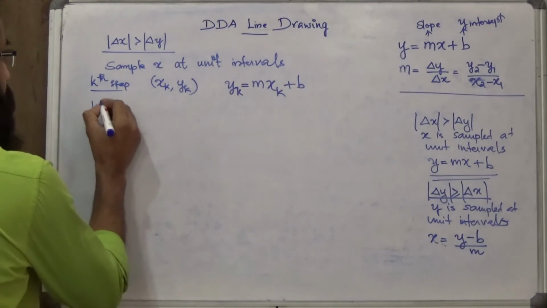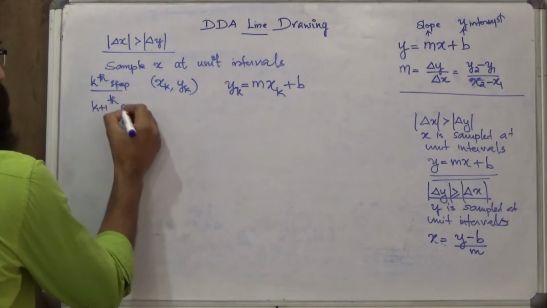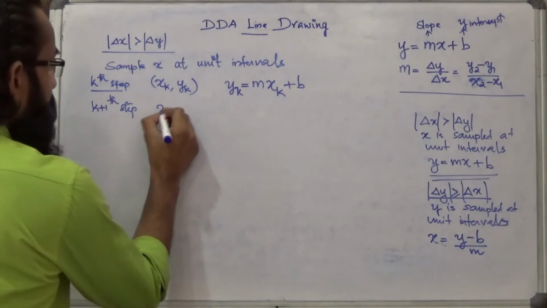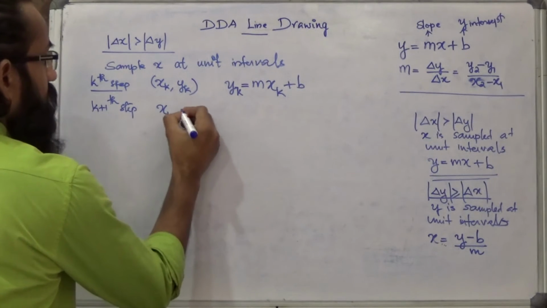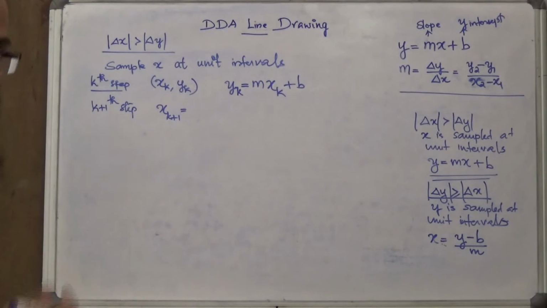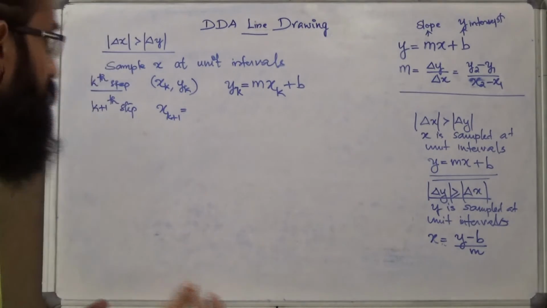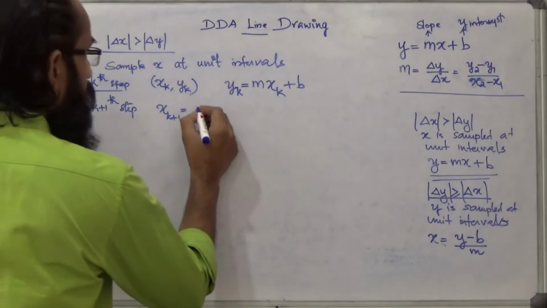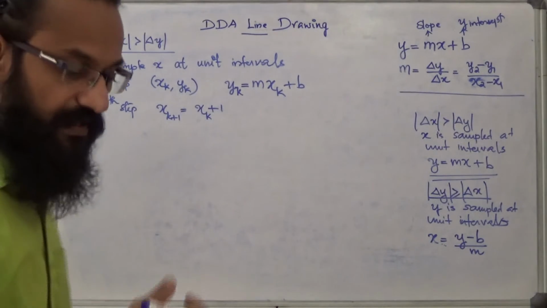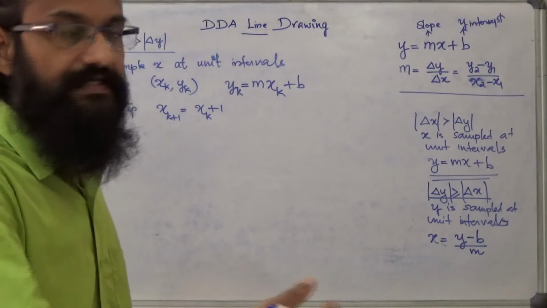So it will satisfy the slope intercept equation. Now at the k plus 1th step, what about the next x value, xk plus 1? Since we are sampling x at unit intervals, at the k plus 1th step the new x value, xk plus 1, will be equal to xk plus 1, because we are incrementing x by 1. We are sampling x at unit intervals.